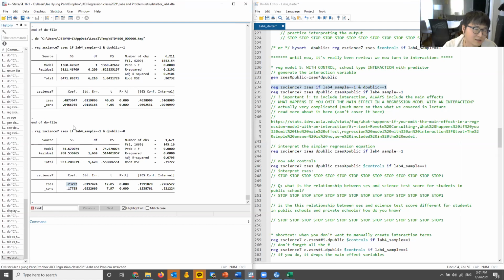And then now I will ask you, is this difference statistically significantly different? What if, instead of being 0.23, it was 0.40? Or what if it was 0.45? Is it significantly different? So is that why we are doing that interaction? Yeah.